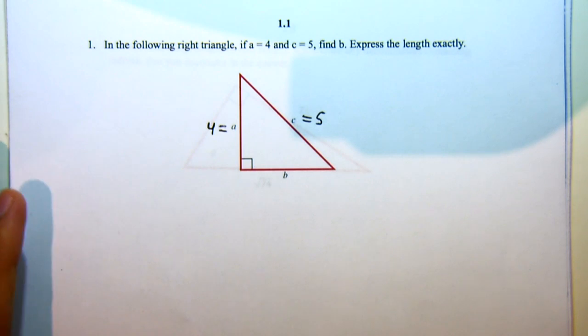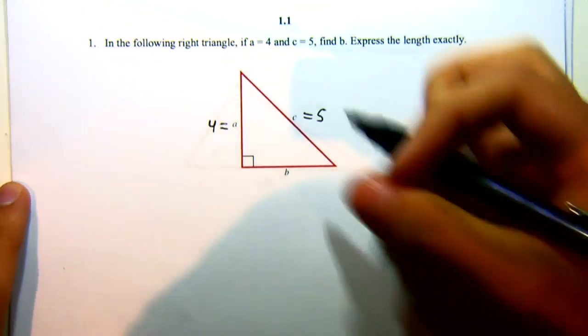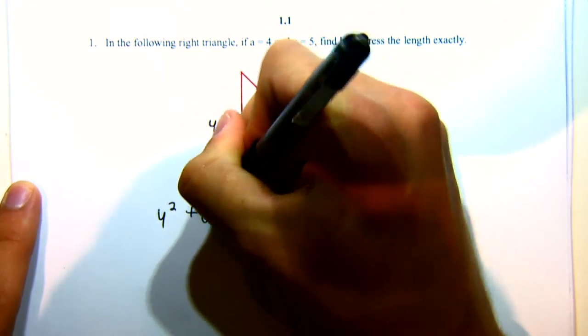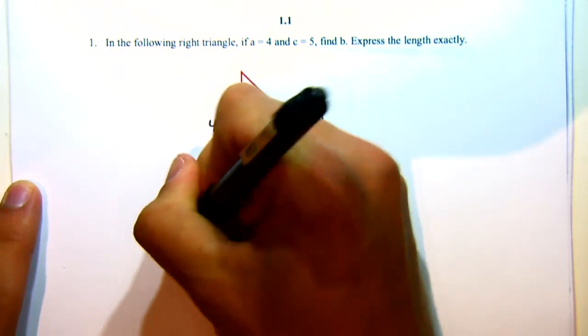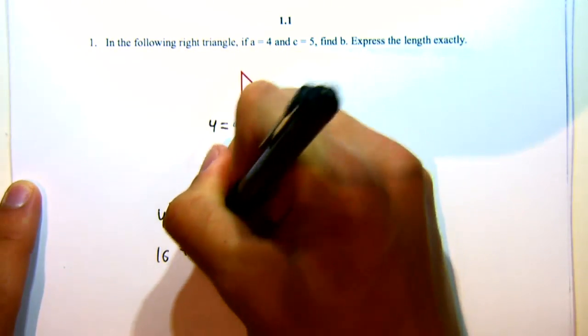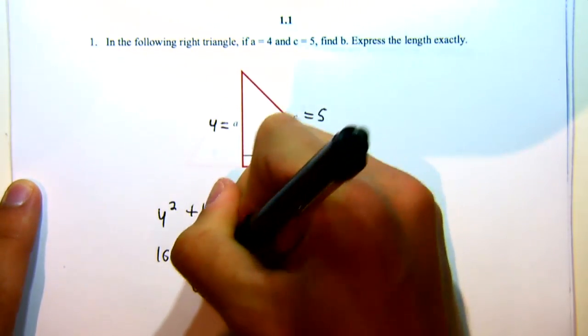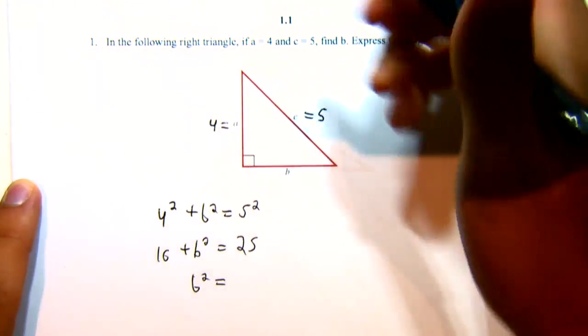Alright, excellent. Thank you. I'm going to try to make it a bit interactive so that it's not as boring, right? So 4 squared plus B squared is equal to 5 squared. So you have 16 plus B squared equals 25. So B squared is equal to 25 minus 16, which is equal to 9.